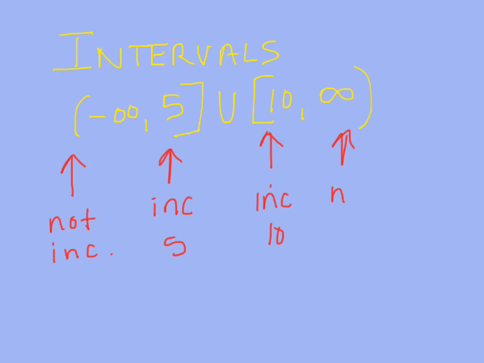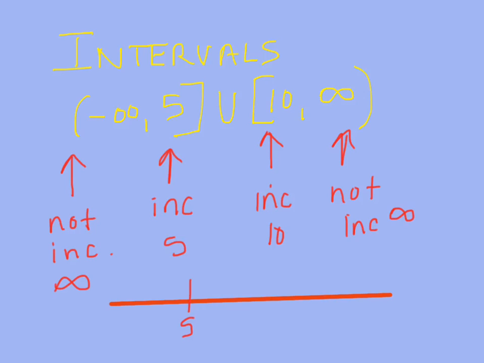And the parentheses on the outside of infinity means not including. So we would have a number line that goes from negative infinity, 5, 10, and then positive infinity.